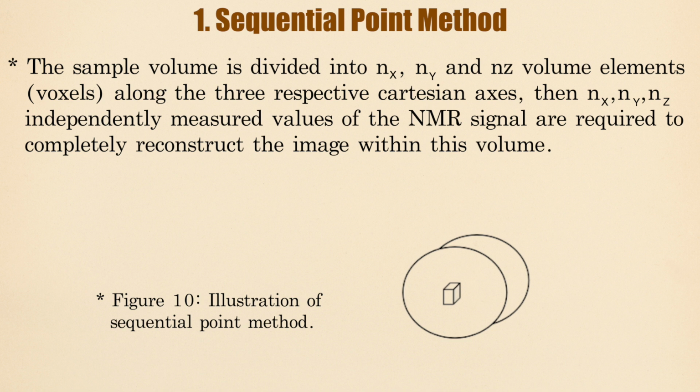Then Nx, Ny, Nz independently measured values of the NMR signal are required to completely reconstruct the image within this volume, as shown in figure 10. It is observed that a continuous resonance signal could be obtained by subjecting a sample to a continuous string of intense RF pulses.